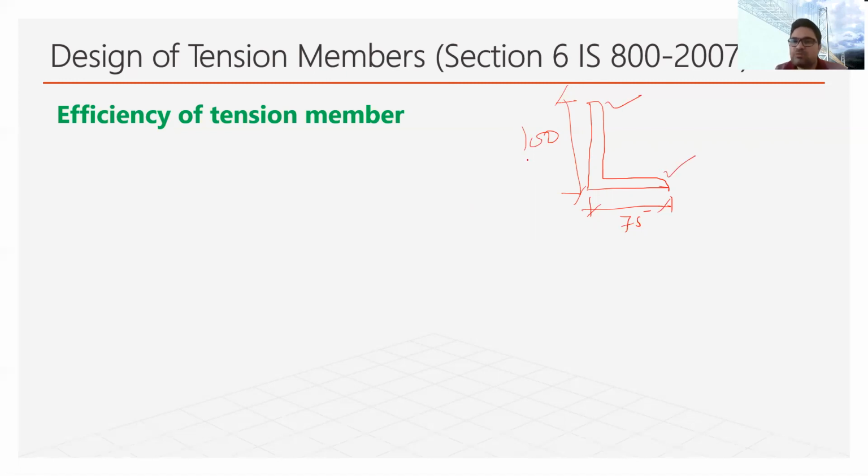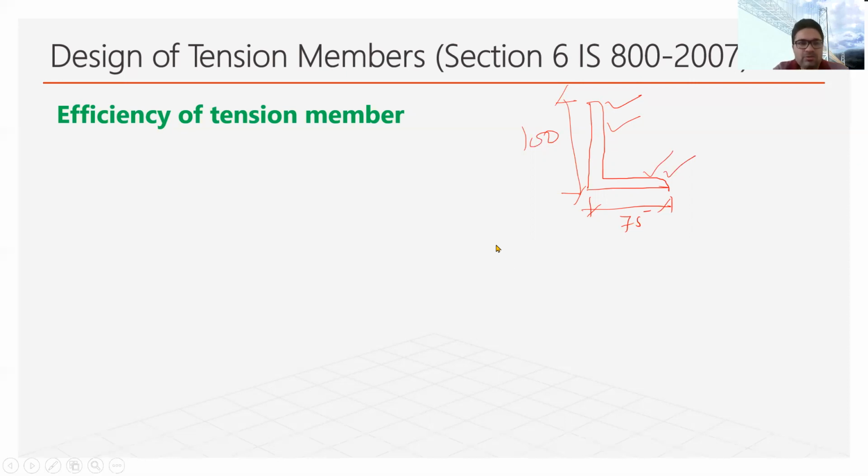For that, we can find out the efficiency if we connect using the long leg or using the short leg. Whichever leg gives us the maximum efficiency will be the best, and that is the leg which we will connect with the plate.